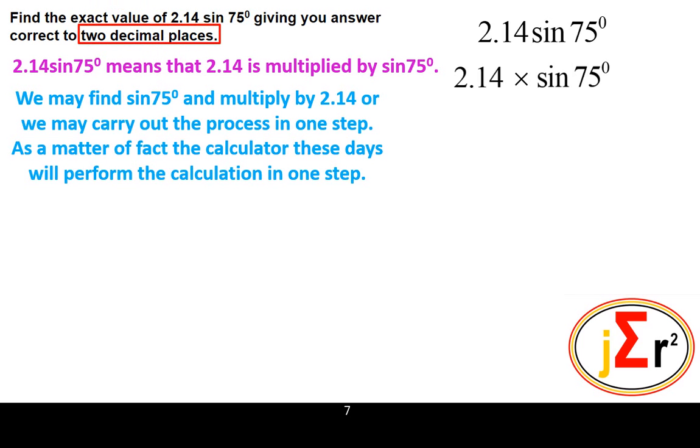So 2 decimal places, we are going to be focusing on the 2 decimal places also. So what we do, we take 2.14, we find sine of 75 degrees, then we multiply those together.